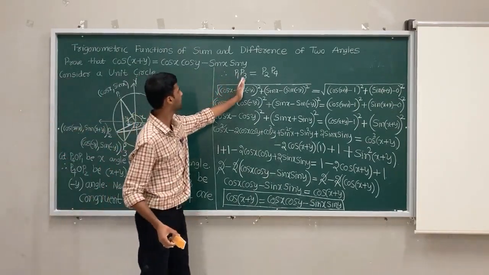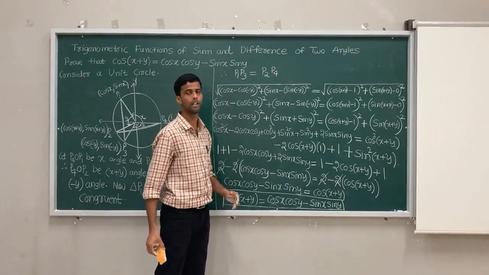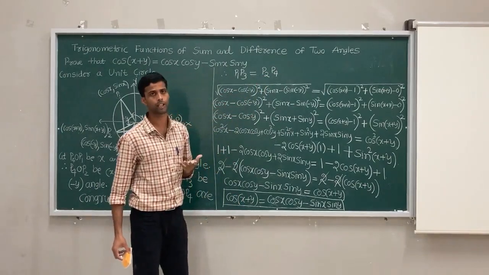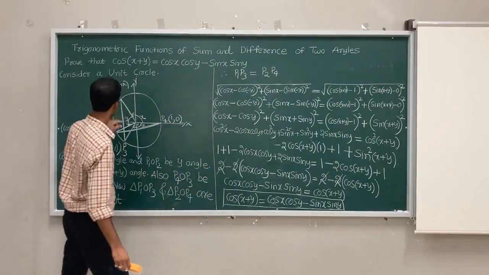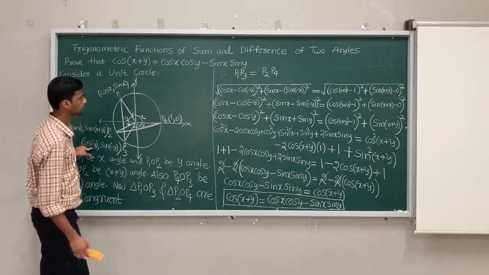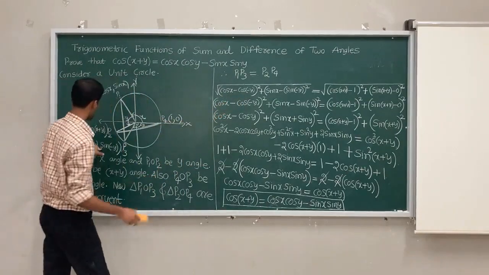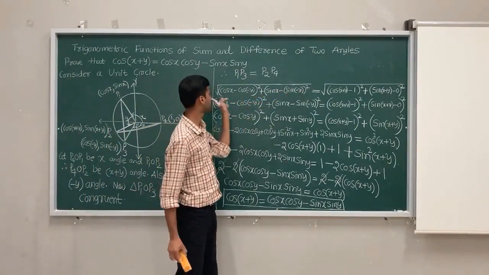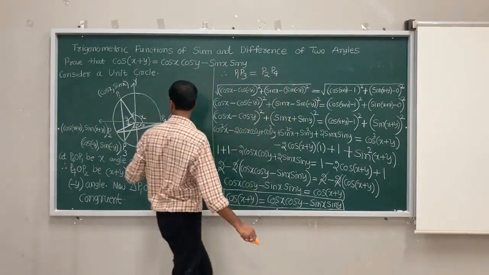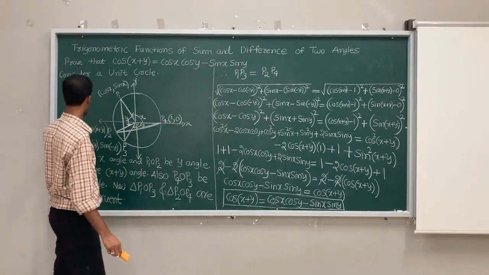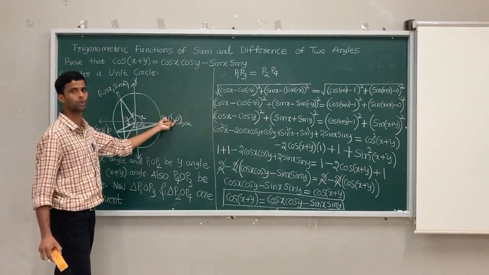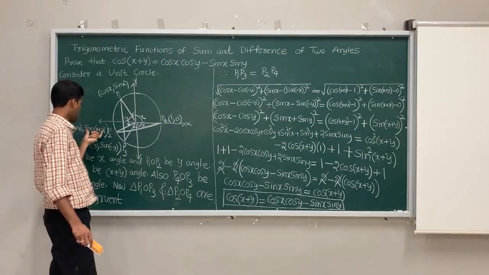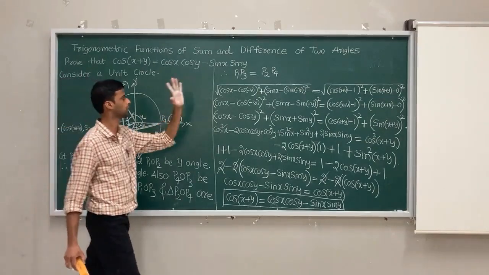So I wrote P1 P3 equal to P2 P4. We use the distance formula here. The distance formula is the square root of cos x minus cos of minus y the whole square plus sin x minus sin of minus y the whole square, equal to P2 P4, the square root of cos of x plus y minus 1 the whole square plus sin of x plus y minus 0 the whole square.